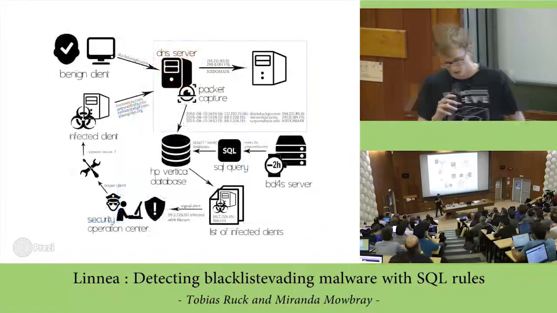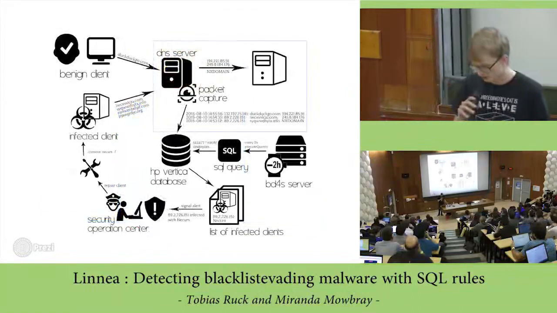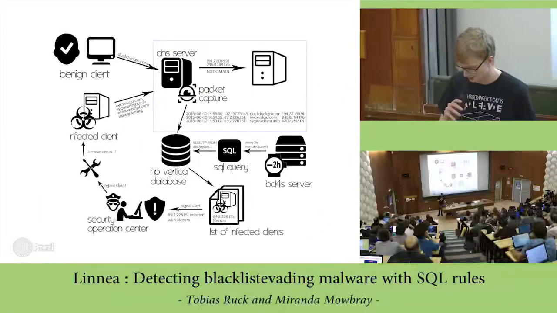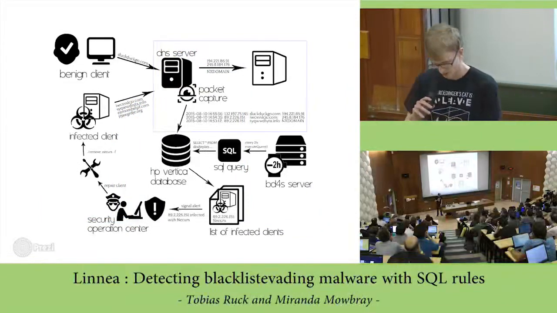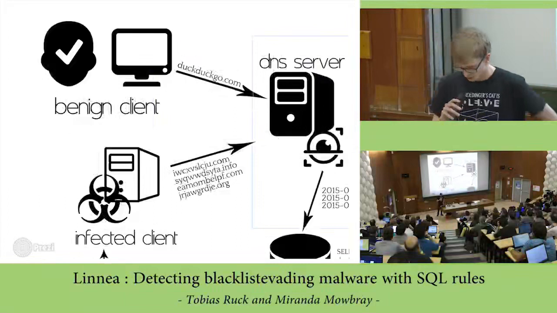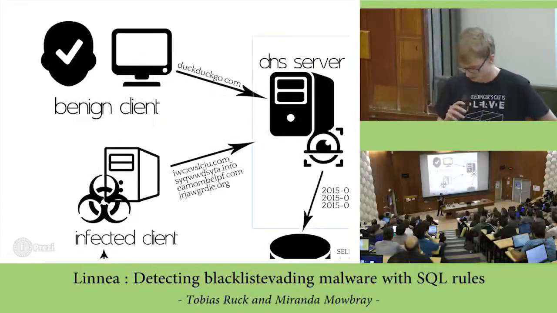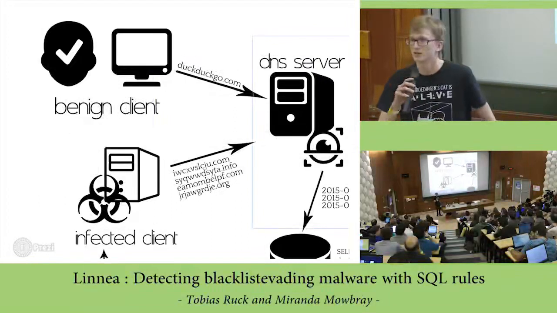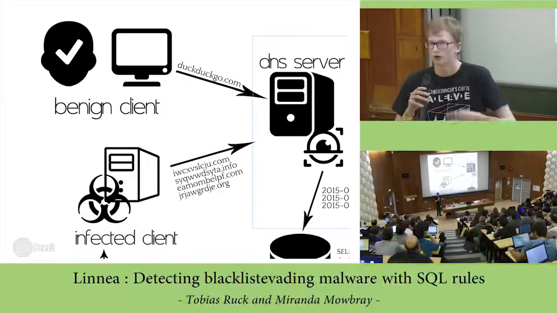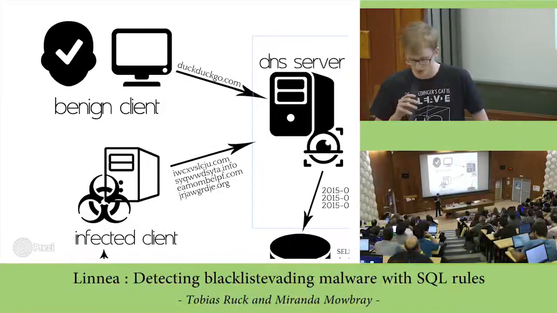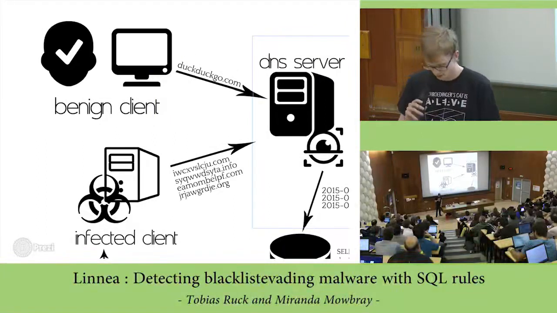So the overall architecture is like this. Both benign and infected clients are going to do all different kinds of domain requests, and they will all send them to a DNS server.